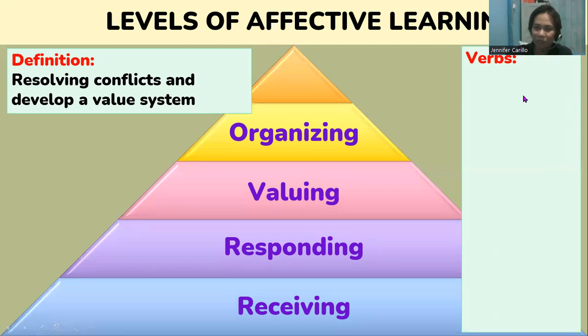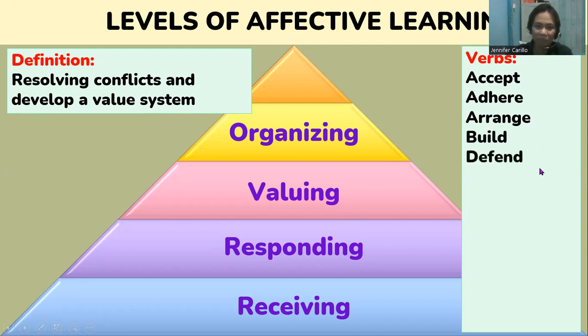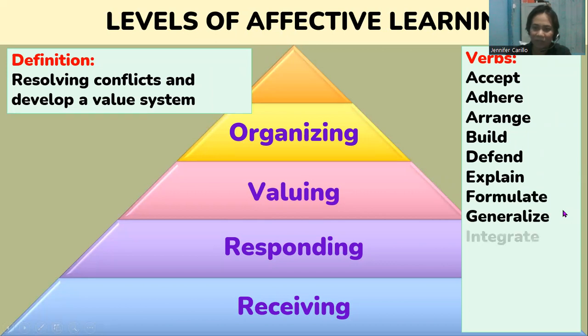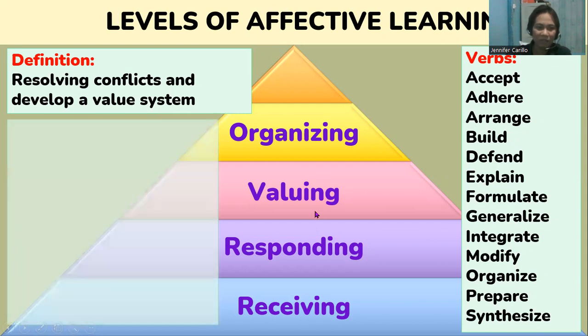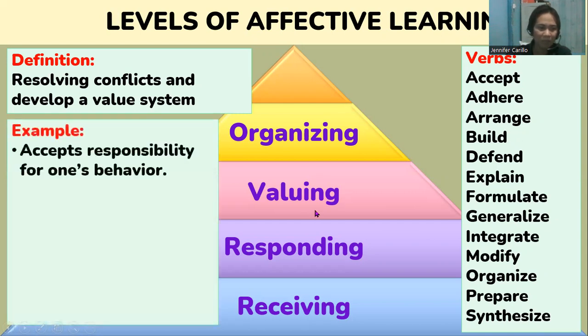So, these are the verbs we can use: accept, adhere, arrange, build, defend, explain, formulate, generalize, integrate, modify, organize, prepare, and synthesize. So what are the learning outcomes under this level? Example, accepts responsibility for one's behavior.